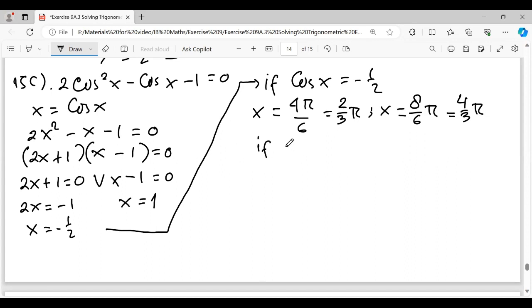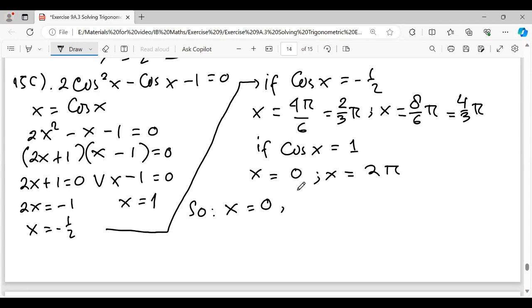Now if cosine x equals 1, x equals 0, x equals 2 pi. So the conclusion is x are 0, 2/3 pi, 4/3 pi, or 2 pi.